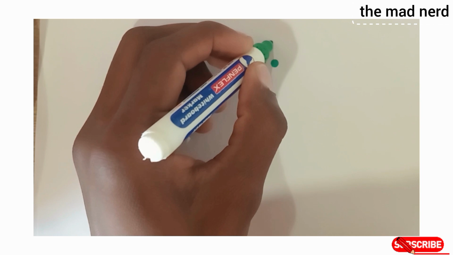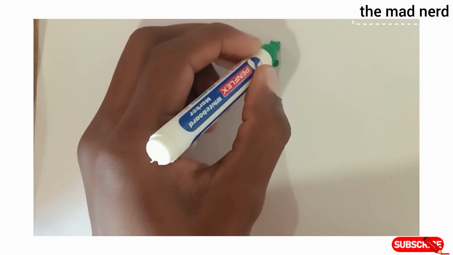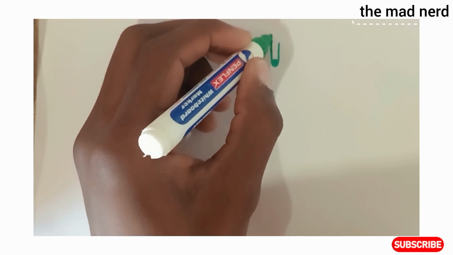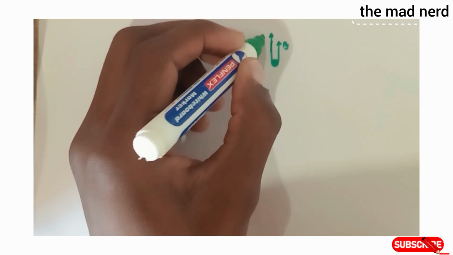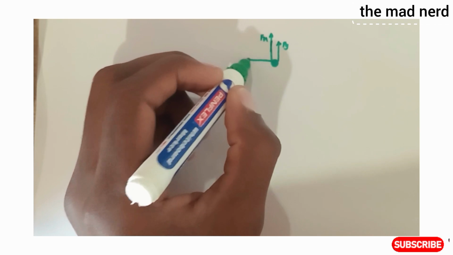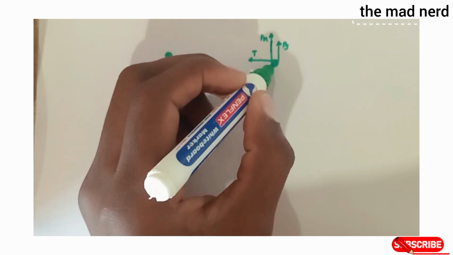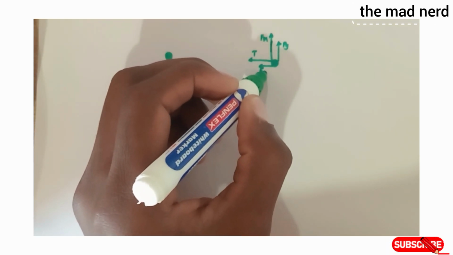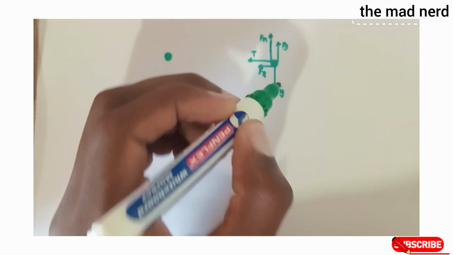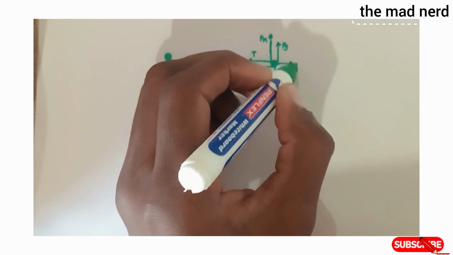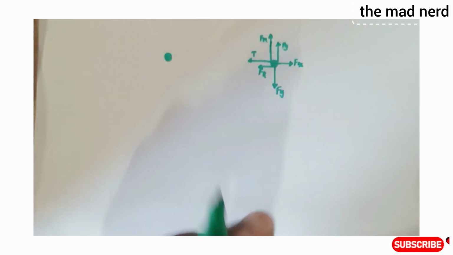We said it was Fn, Fy, so Fn, and then a tension over here, and then a friction over here, and then a Fg, and then a Fx over here, Fx.